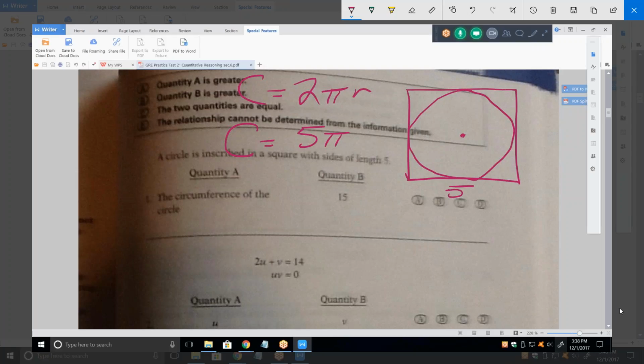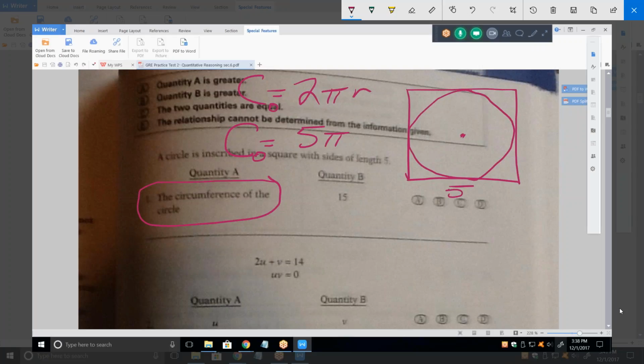Which is bigger, quantity A or quantity B? So I don't know how to compare pi to a... So we're comparing the circumference of the circle, which is 5 pi, as opposed to the circumference of the square.